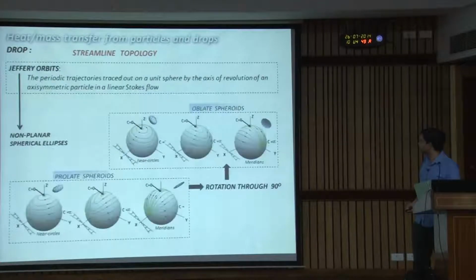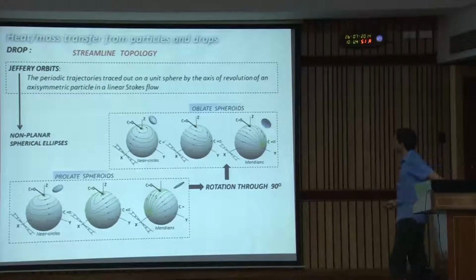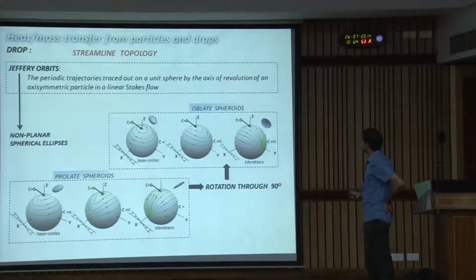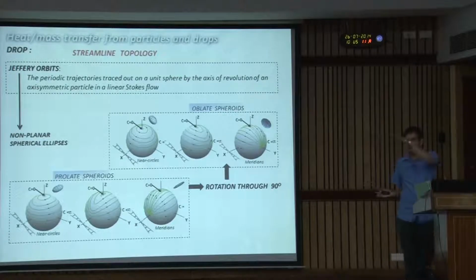Now, what are Jeffrey orbits? Jeffrey orbits are the trajectory traced out on a unit sphere, because I am talking about the orientation vector, the axis of revolution, of a particle in a linear flow. If you have a simple shear flow and I have a rod shaped particle, then it is going to rotate.